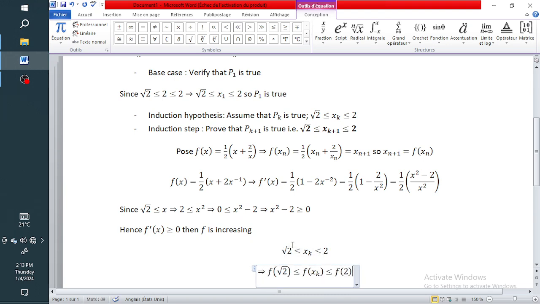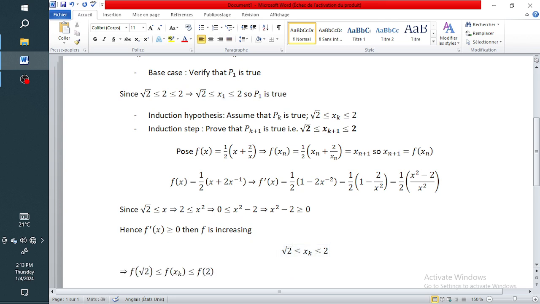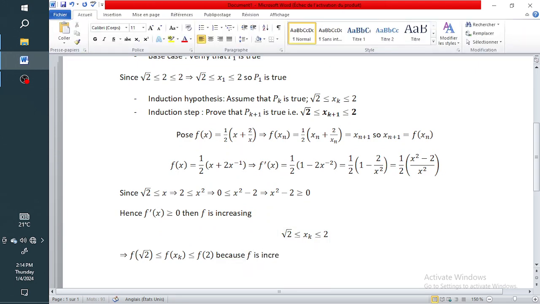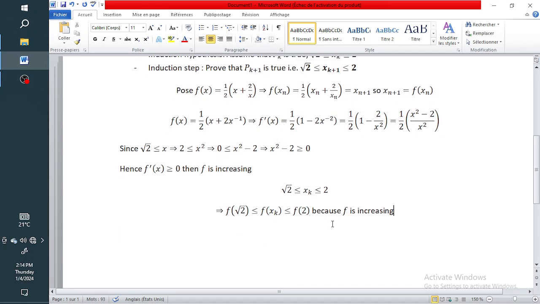Now I'm going to write down why this inequality holds: because f is increasing. If f was decreasing, we would switch the bounds of the inequality. It means that rather we would begin with f of 2 and end with f of root 2. But since f is an increasing function, the inequality signs remain unchanged.